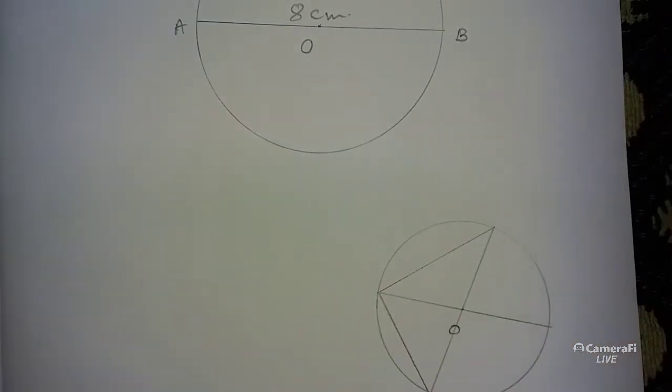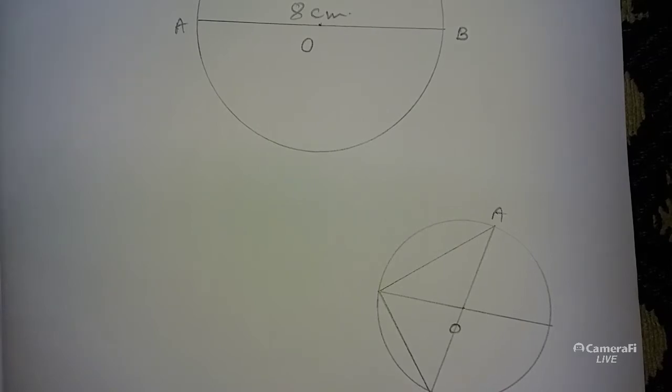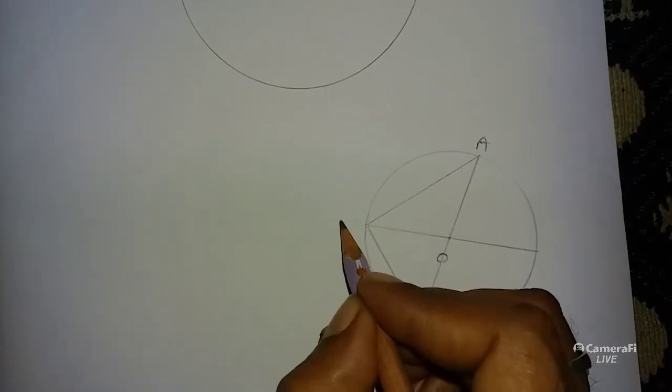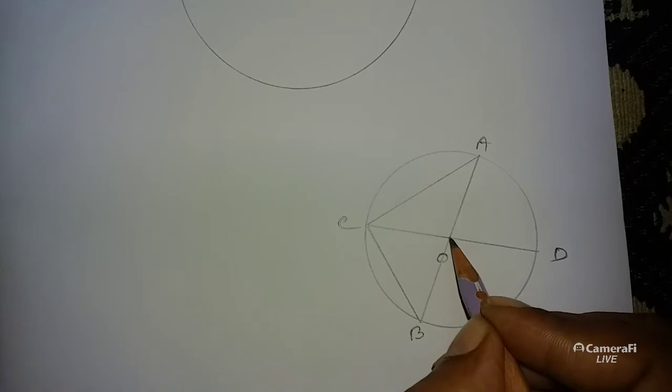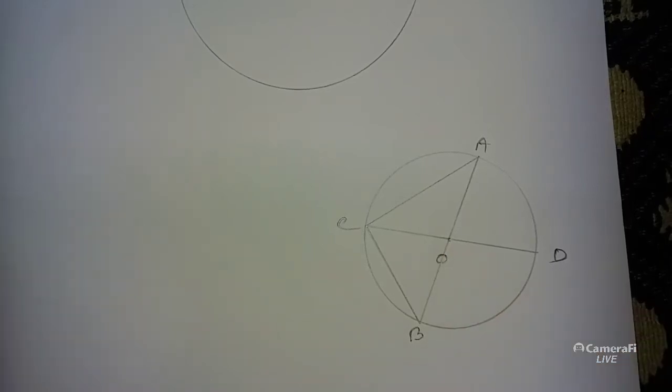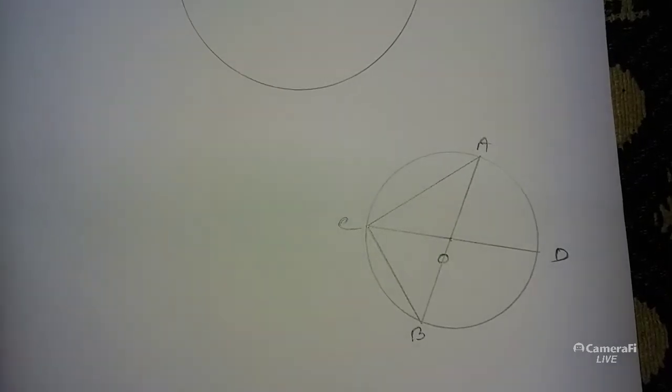Okay, this is the total figure. Names are given here. A, this is B, here is C, D, and this is the point O. Okay, now you have to give the answers of the questions.